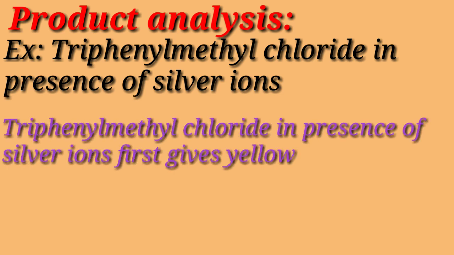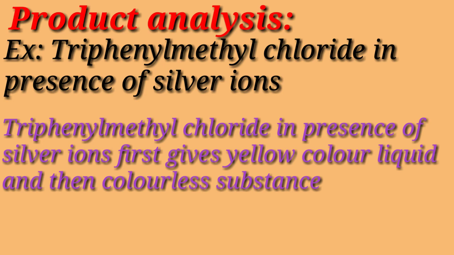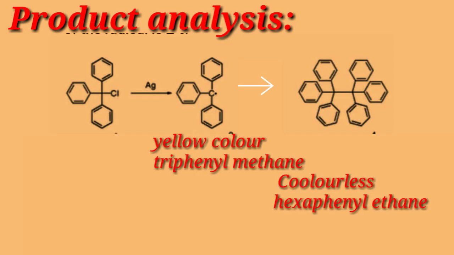Triphenyl methyl chloride in presence of silver gives yellow color triphenyl methyl radical, and further it undergoes dimerization to form colorless hexaphenyl ethane with 30 aromatic hydrogen atoms.